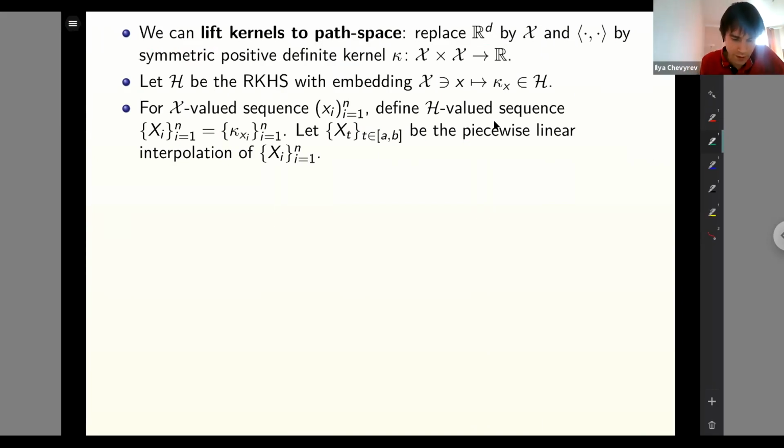So if we're given an X-valued sequence, little x_i, then we can define an H-valued sequence, capital X_i, by applying this map x to kappa_x.